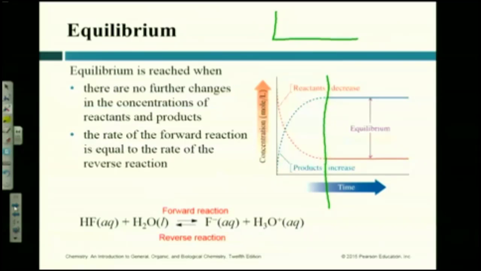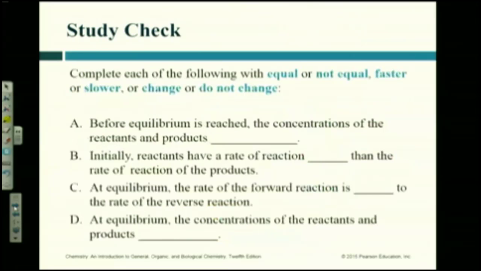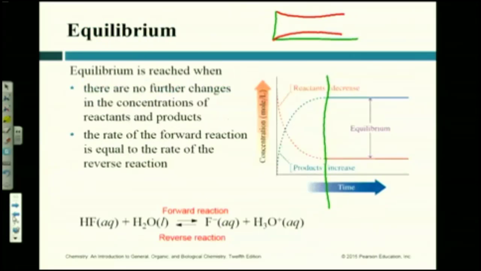I might have a reaction that looks like this. Has this reaction reached equilibrium? Yes, it has. Even though my reactant concentration didn't go down very much, and my product concentration only came up a little bit, those are supposed to be flat lines out there. They're still not changing anymore.